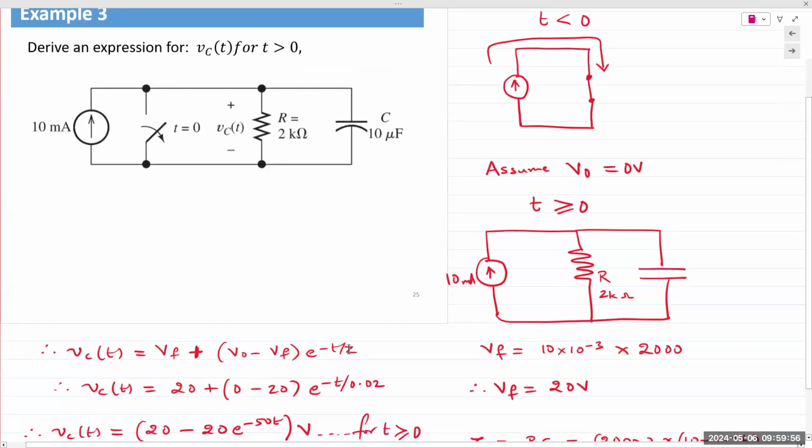If you look at this, you're simply asked to find Vc of t for t greater than 0. Oh, because it's a short. So the question being asked is about the short circuit.